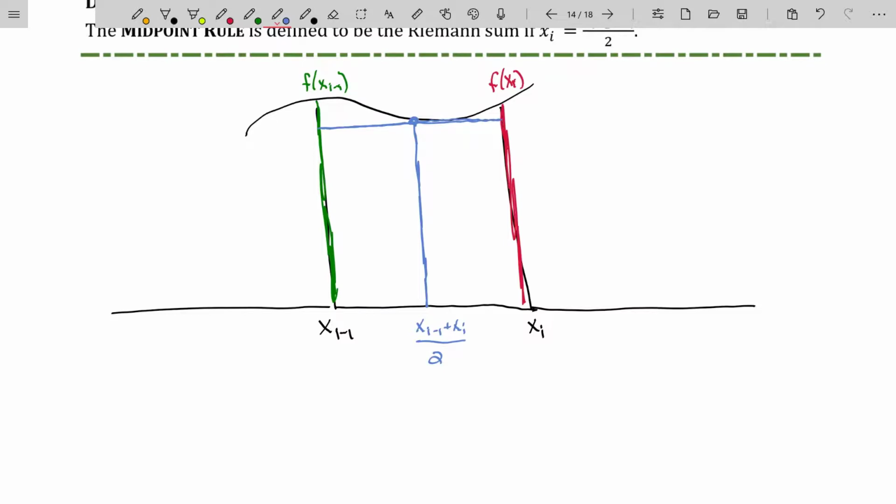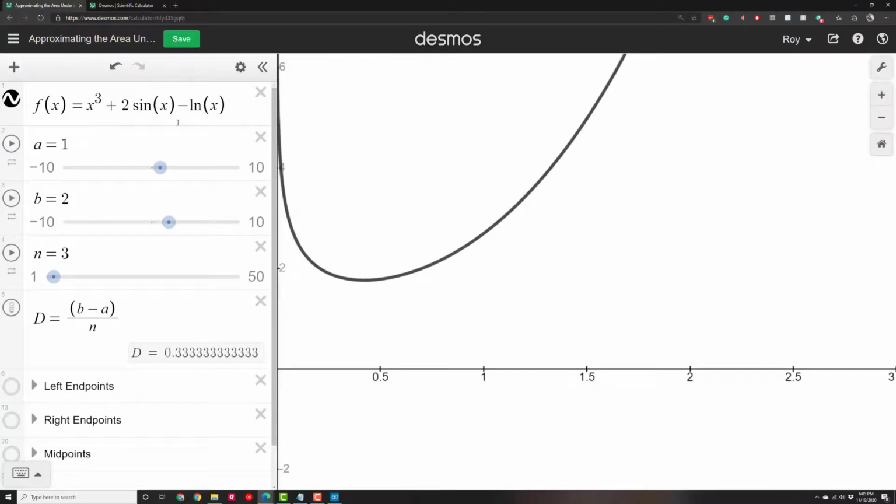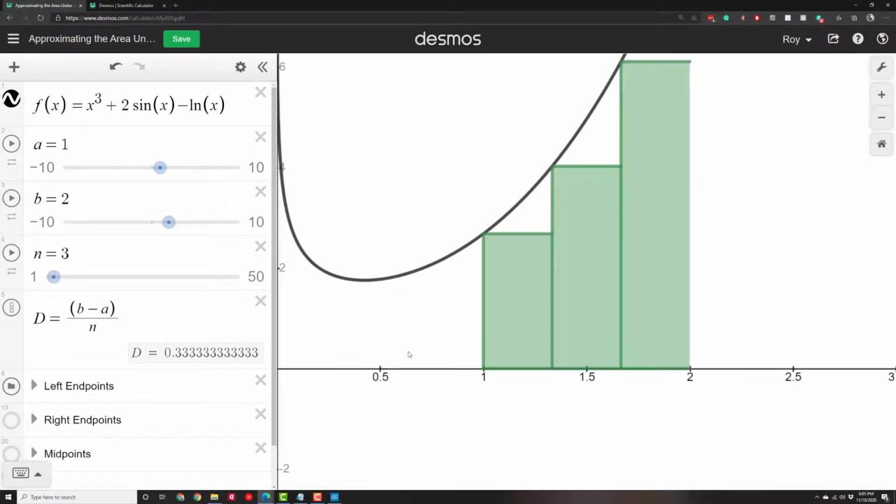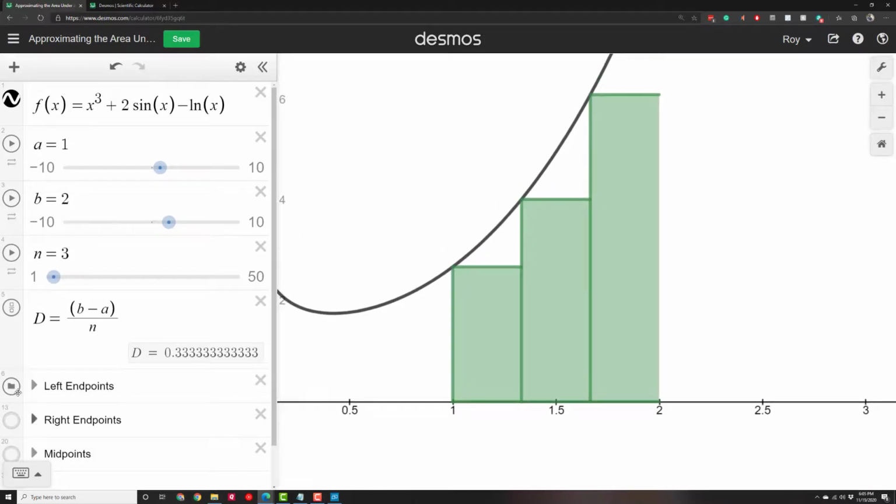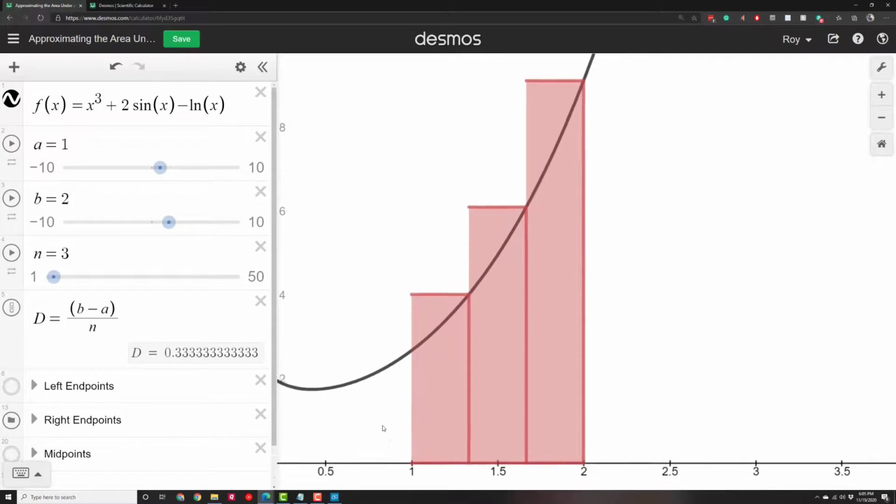Let's go ahead and take a look at this using that Desmos coding that I had earlier. So here is just a weird curve. I just typed this in just to have something different. And we're going to take a look at if you did, let's say, 3 slices via the left endpoint method or 3 slices via the right endpoint method. Let me zoom out a little bit.